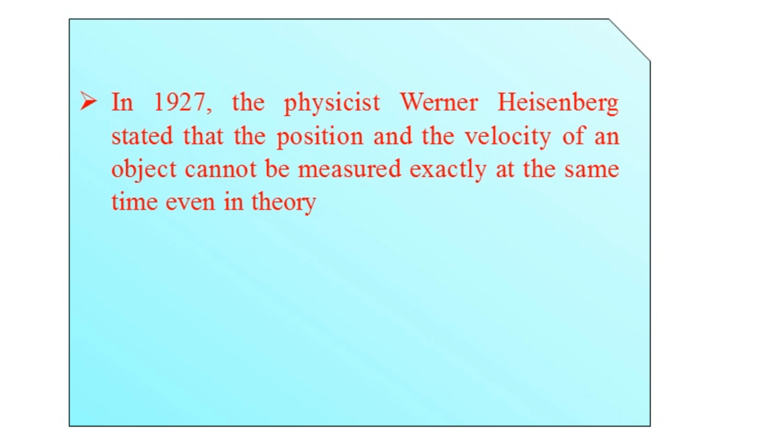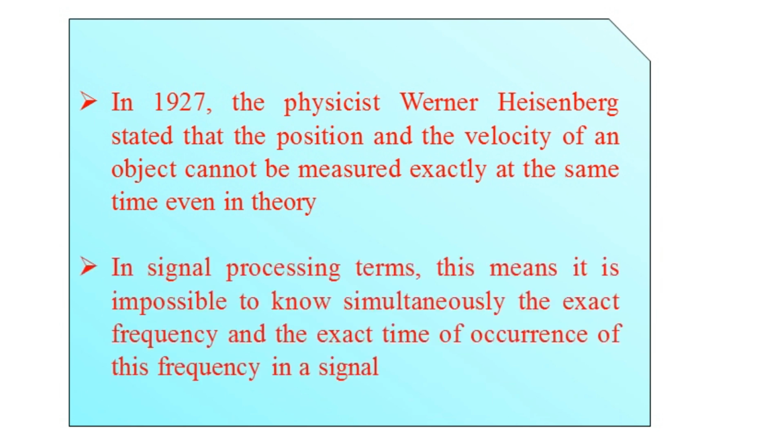So this is the most important drawback of the Fourier analysis tool, because of which wavelets are now a popular part here. So as far as our subject is concerned, the domain of signal processing, in signal processing terms we can say it is impossible to have knowledge of the exact frequency and the exact time of occurrence of this particular frequency component in the signal at the same time here.